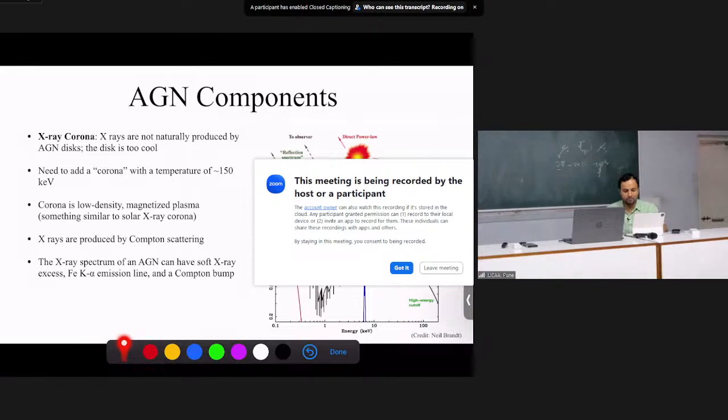So we see a bump. This means the matter surrounding the very central region of the active galaxy could have iron present, but in a very ionized state.